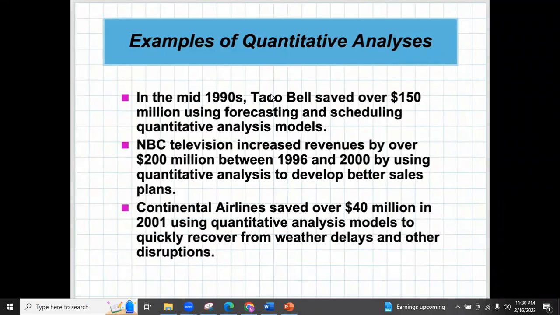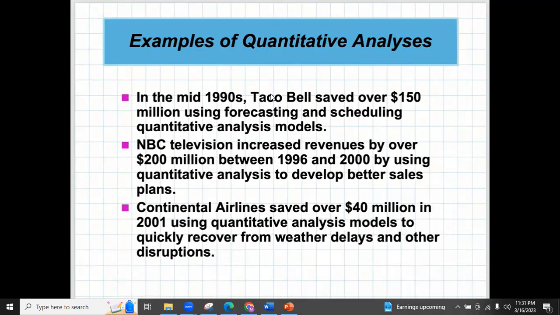This is all due to big programs, big ERP systems like SAP and Oracle, and our mastery of those techniques on a larger scale. NBC TV increased revenues by over $200 million between 96 and 2000 by using quantitative analysis to develop better sales plans. Well, we all know about quantitative analytics and how it's being used now for companies to try to maximize their revenue the best they can.